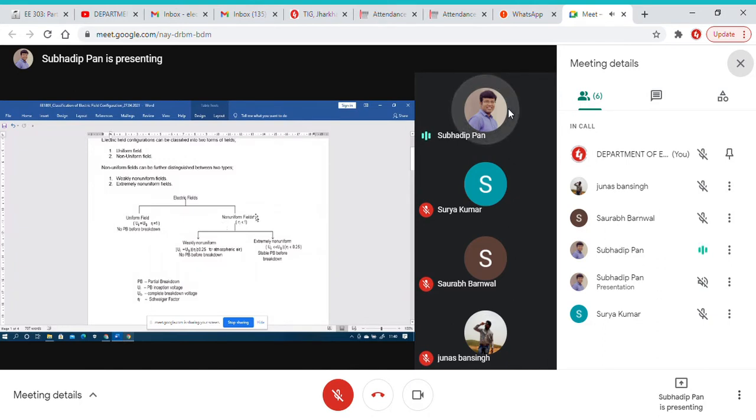The non-uniform field is again classified into two different segments: one is the weakly non-uniform field and the other is the extremely non-uniform field. In the weakly non-uniform field, Ui is equal to Ub when mu is greater than 0.25, for atmospheric air, because in the previous lecture we discussed that atmospheric air is one such gaseous dielectric which is very cheap.